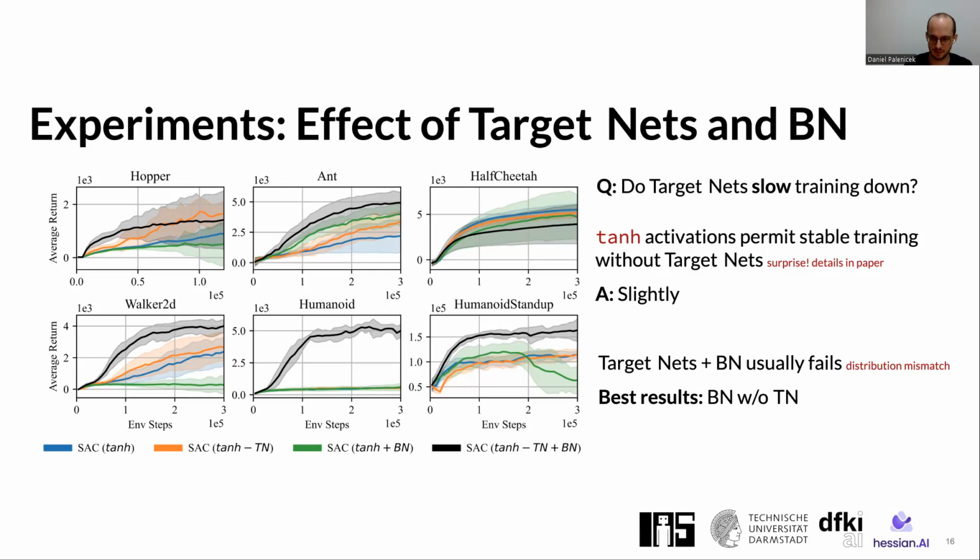And we get the best results by using batch normalization without target networks. So here we really attribute the effect in getting those much better sample efficiency numbers to using batch norm in the correct way, which is accounting for this distribution mismatch.